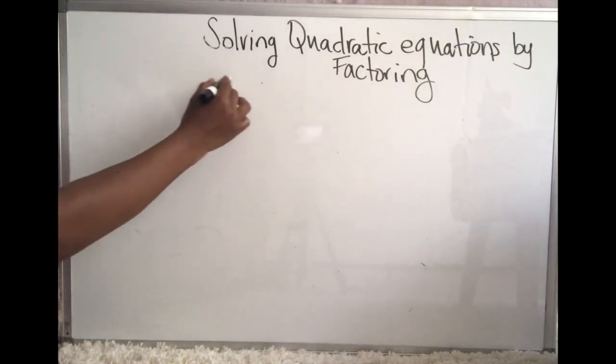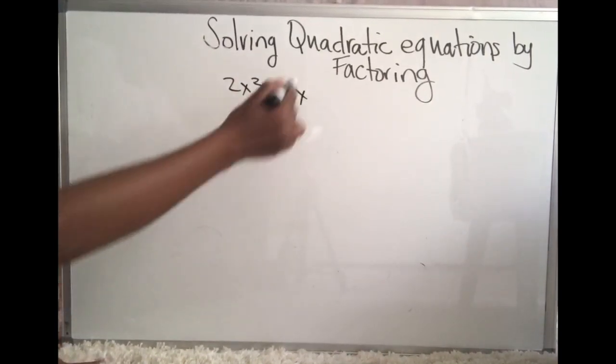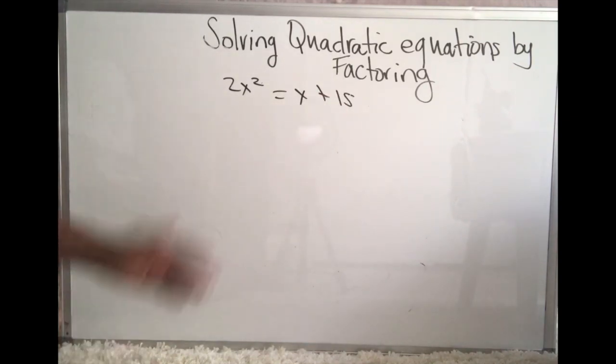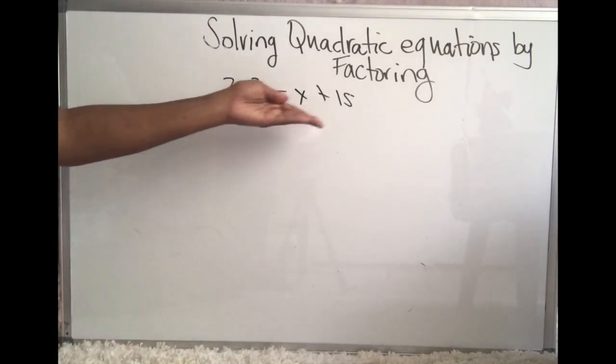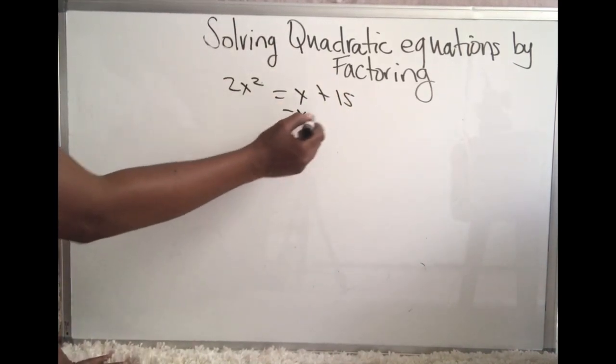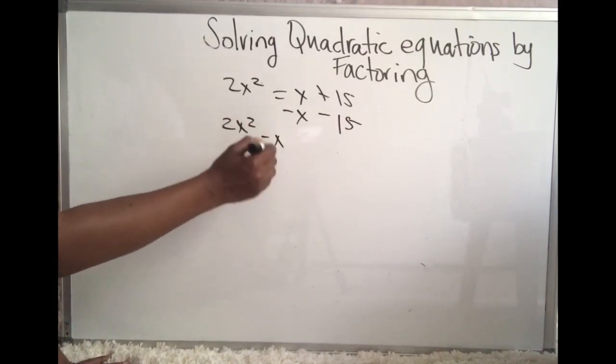So we have 2x squared equals x plus 15. Well, we can see that this is not how it should be written. So we need to get everything on one side and 0 on the other. So I'm going to subtract x and 15. So I'm left with 2x squared minus x minus 15.